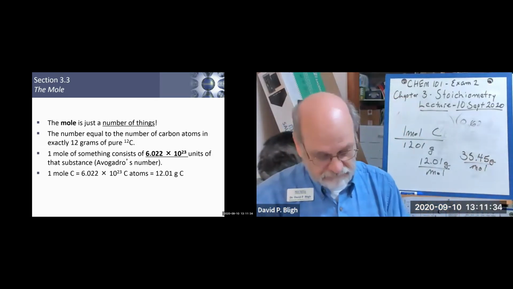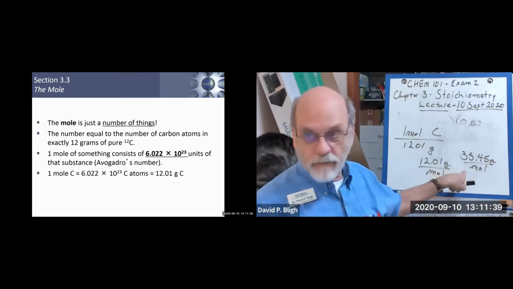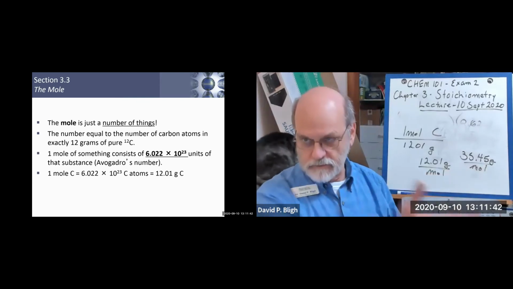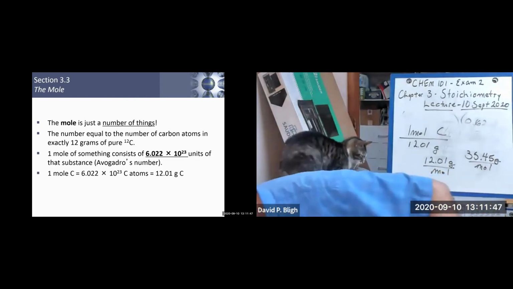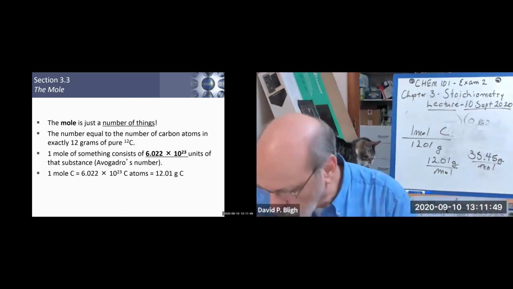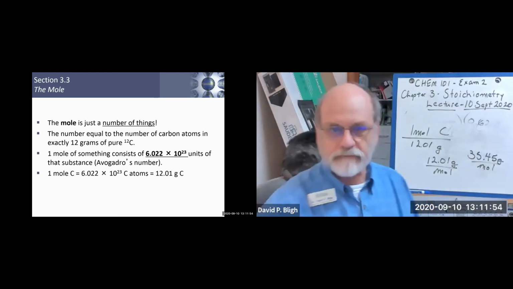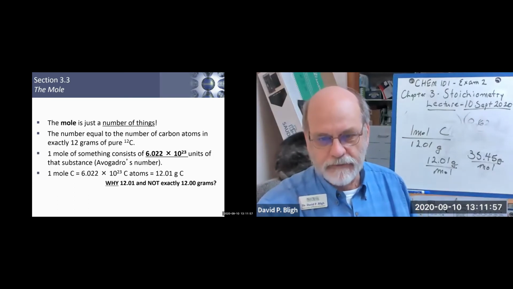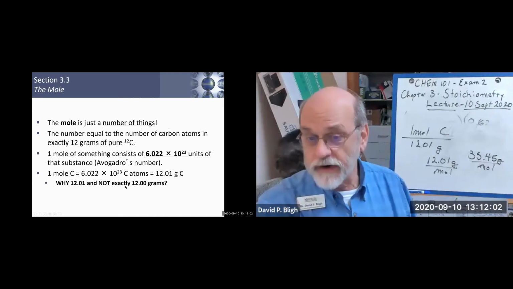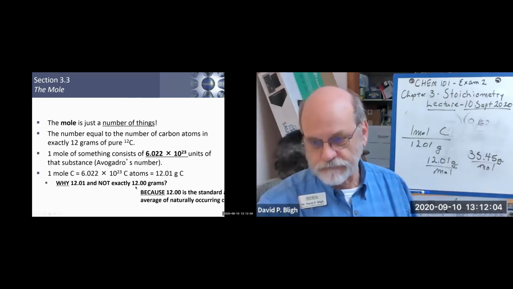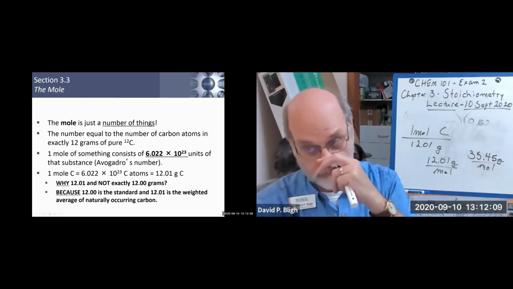Okay? You can do that for any element in the periodic table. That number will have grams per mole affixed to it. All right. Any questions so far? All right. And I've answered this question. Why 12.01 and not exactly 12? That's because 12.01 represents a weighted average of naturally occurring carbon.